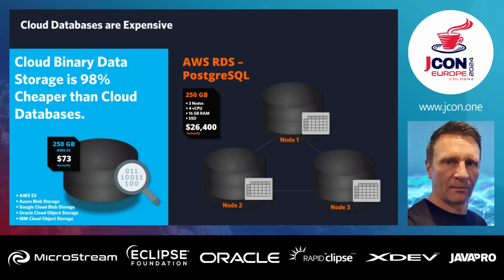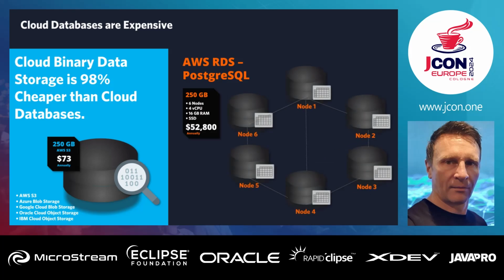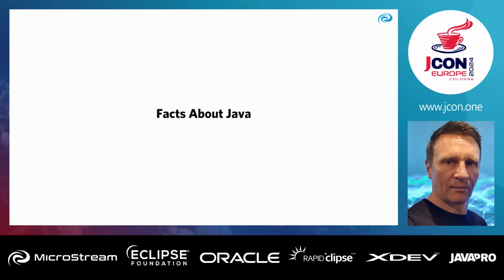They guarantee you uptime, they guarantee you backups, data center replication, just for $70 per year. So this is a great feature. I'm not paid by AWS, by the way, or any other cloud provider, but this is a feature.